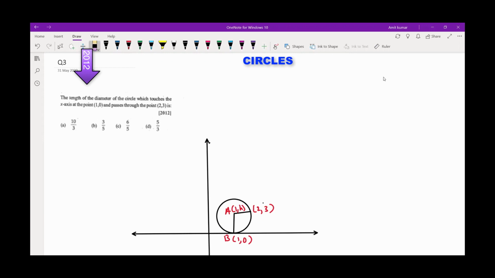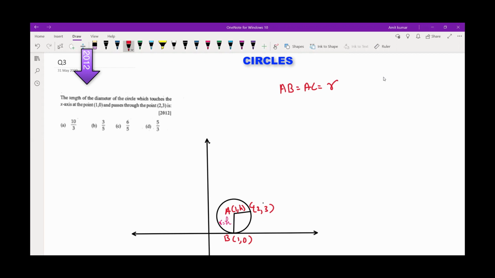So AB is r, and that comes out to be h. C is any point on the circumference, and the distance between the center and a point on the circumference is again the radius. So AB is equal to AC is equal to R, and since the circle is touching the x-axis, R is here h.